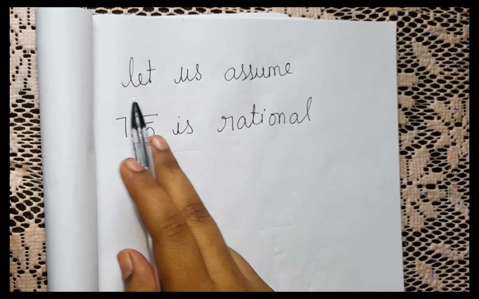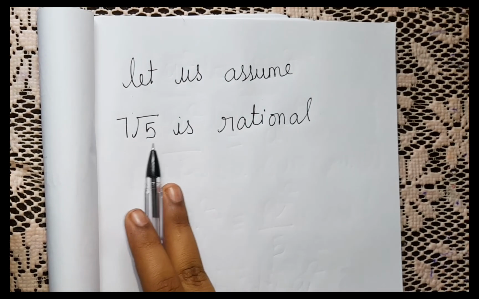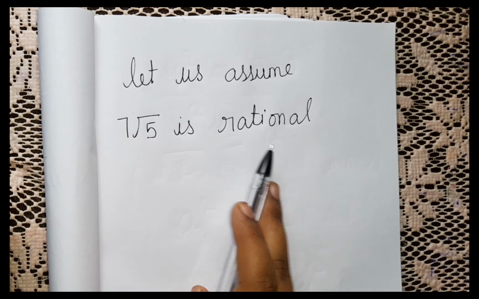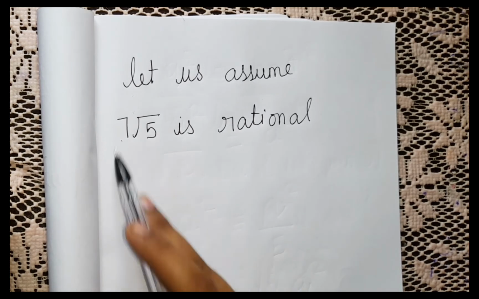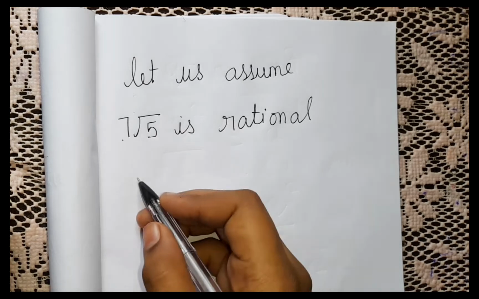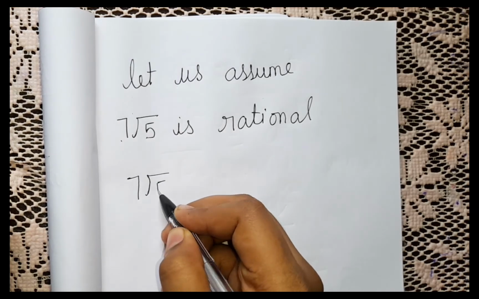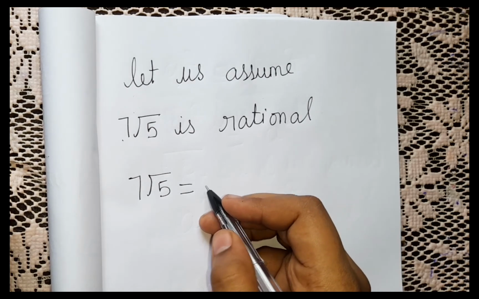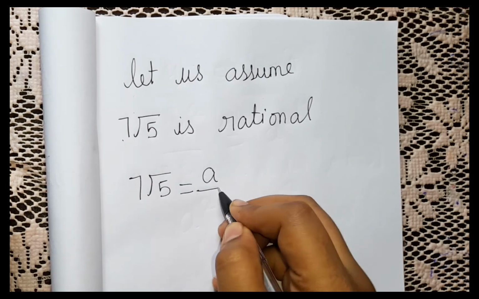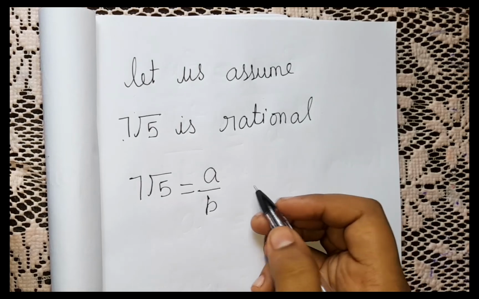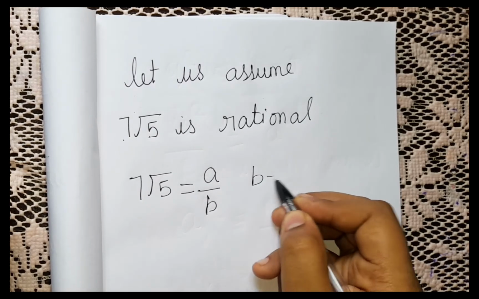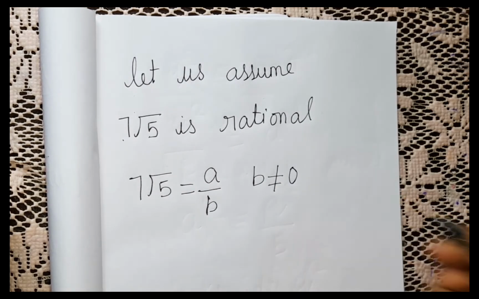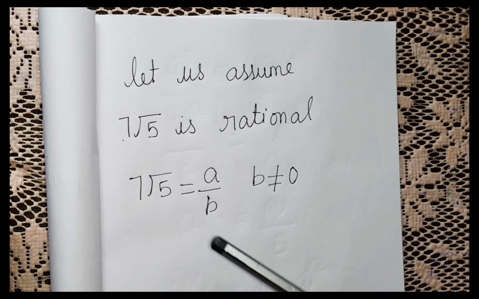Okay, so let us assume 7 root 5 is rational. We are going to be proving 7 root 5 both. Now we shall write 7 root 5 is equal to, if it is rational, then we should write a by b. Instead of writing p by q, we are writing a by b, where b is not equal to 0. For root 5 we took p by q, am I right?